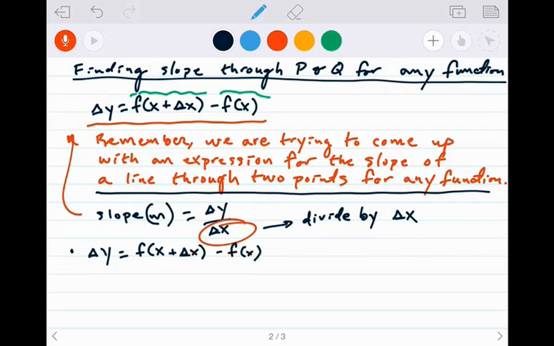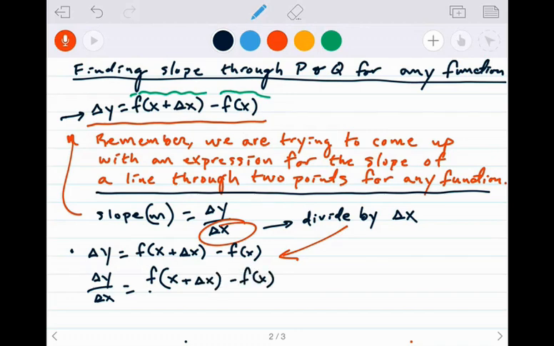So all we've done is bring this equation from above back down here. Now we divide both sides by delta x. That means we've got delta y over delta x is equal to f of x plus delta x minus f of x, divided by delta x.